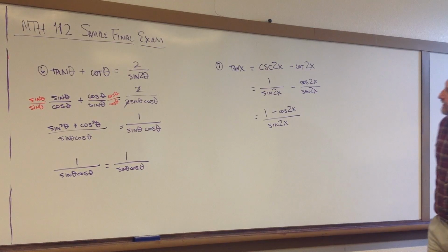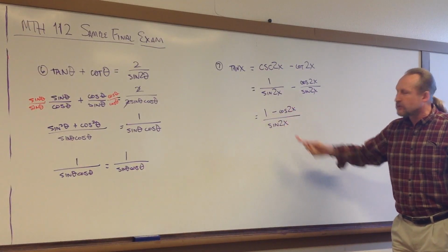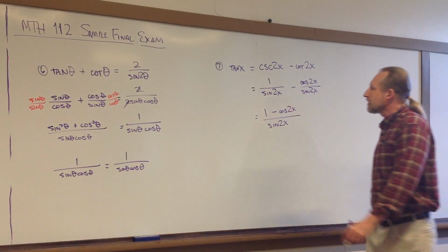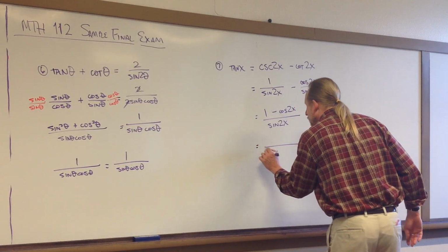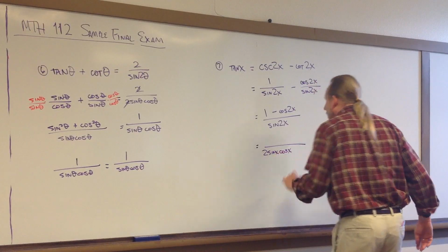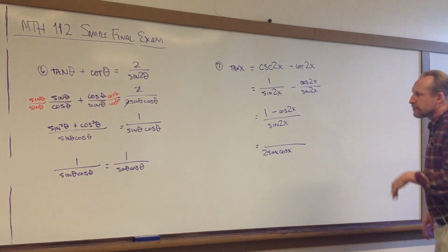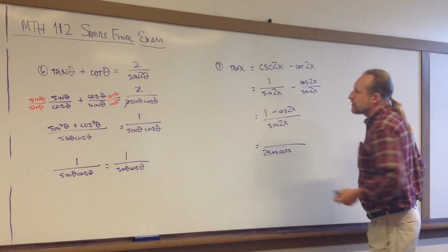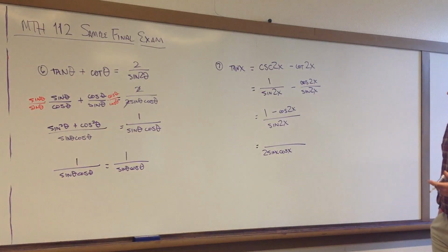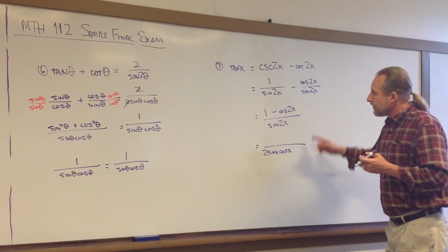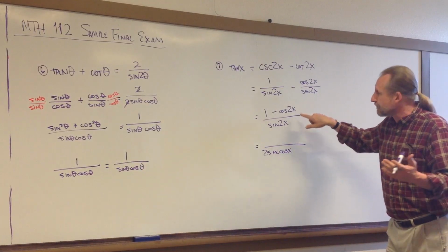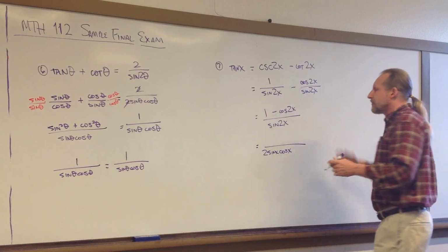Well, at this point, I would replace these with their identities. Okay? And so in the denominator, we get 2 sine x cosine x. Now in the numerator, the cosine 2x, you've got choices, right? Well, whenever I see a 1 here, if I can choose a version that will cancel this 1 out, I try to do that.